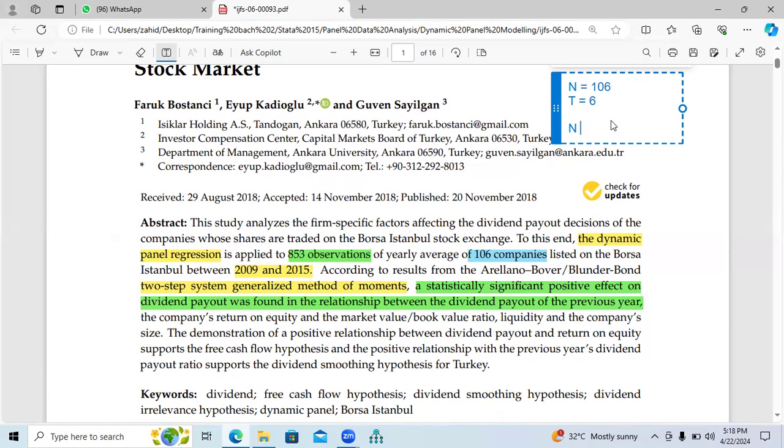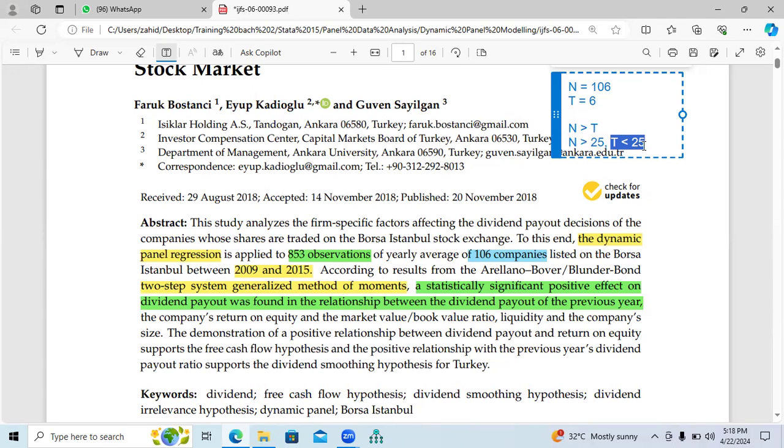This is the basic consideration for the dynamic panel, that your N should be greater than 25. The second consideration is that N should be greater than 25 and T should be less than 25. So the first condition is that N should be greater than T, and N should be greater than 25 and T should be less than 25.